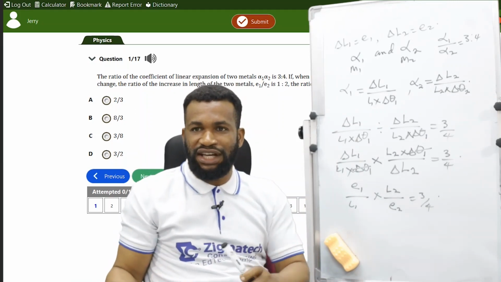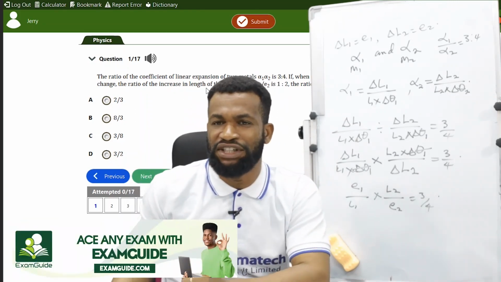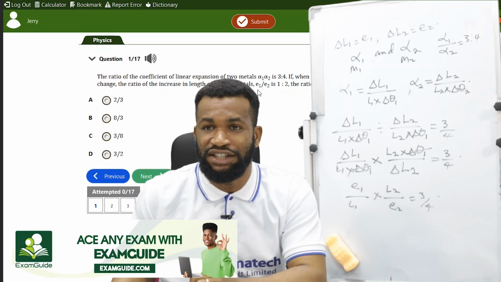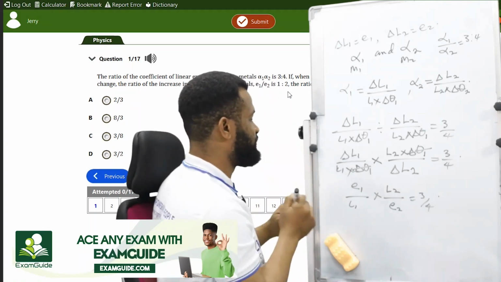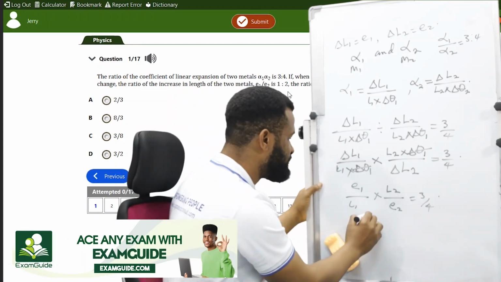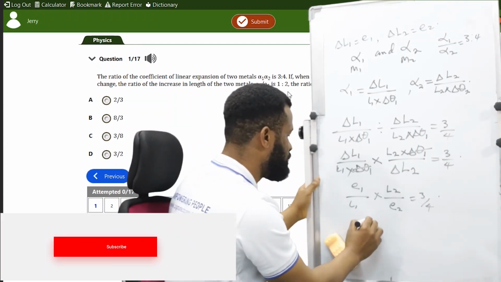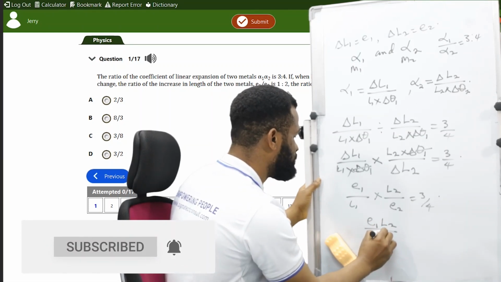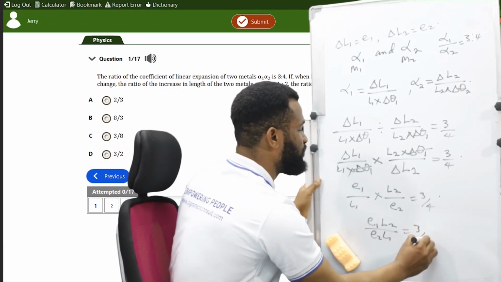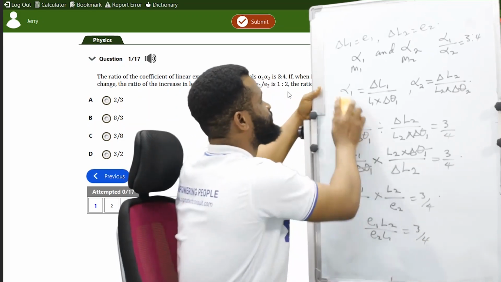Now, according to what they say, the ratio of the increment in length of the 2 meters, E1 stroke E2, is 1/2. Now, what I will do is E1 L2 all over E2 L1 is equal to 3/4. Let's finish it up there.